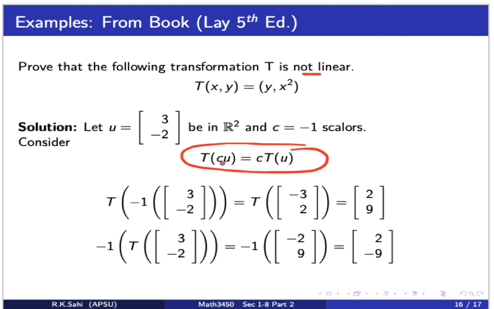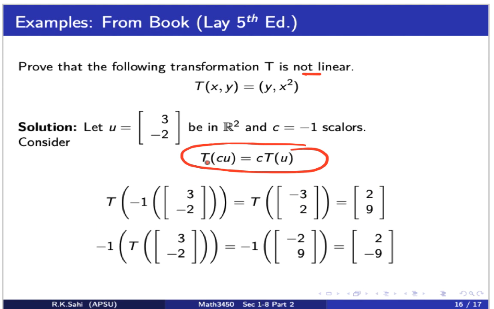So T of c times u, that means minus 1 times the vector (3, minus 2). So you multiply minus 1 into the vector inside, you get T of (minus 3, 2). And according to the formula, x goes in the second row and becomes a square. So minus 3 squared is 9. And 2 goes as the first row element when T acts upon (minus 3, 2). So that's (2, 9).